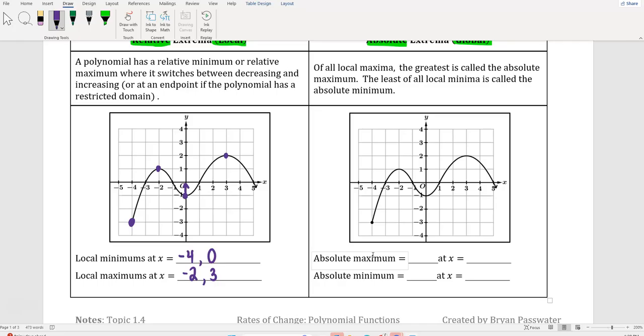If they are asking for the x value, they will say, find the x coordinate where the graph of f has an absolute maximum. So they'll specifically name the x coordinate. If they're asking for the y coordinate, they're just going to say, find the absolute maximum of f of x.